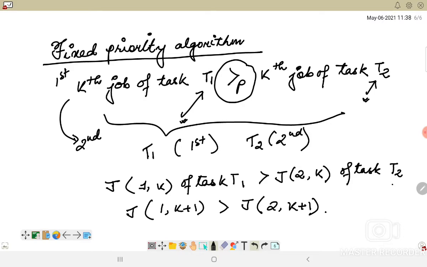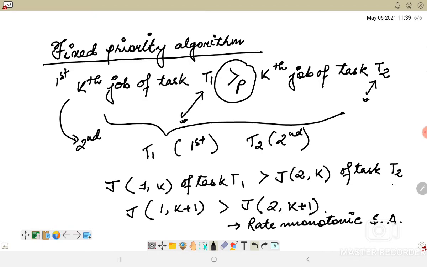So this we have to understand. And one of the best examples of a fixed priority algorithm is the rate monotonic scheduling algorithm.